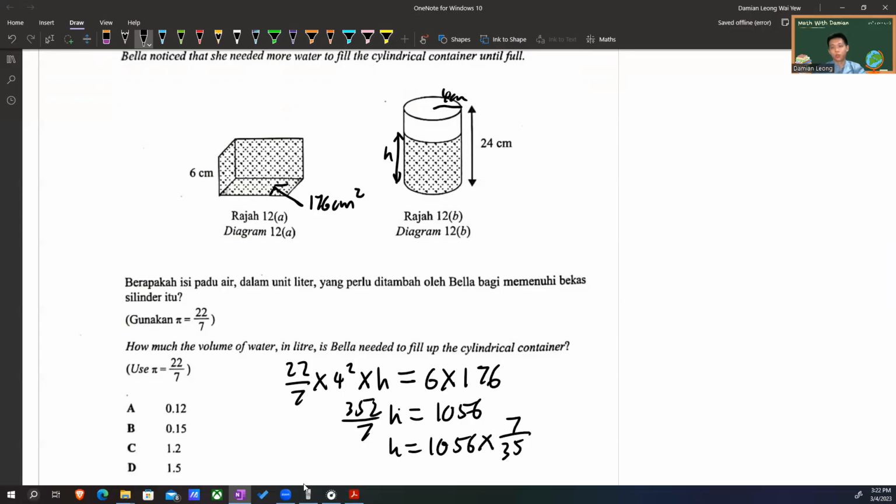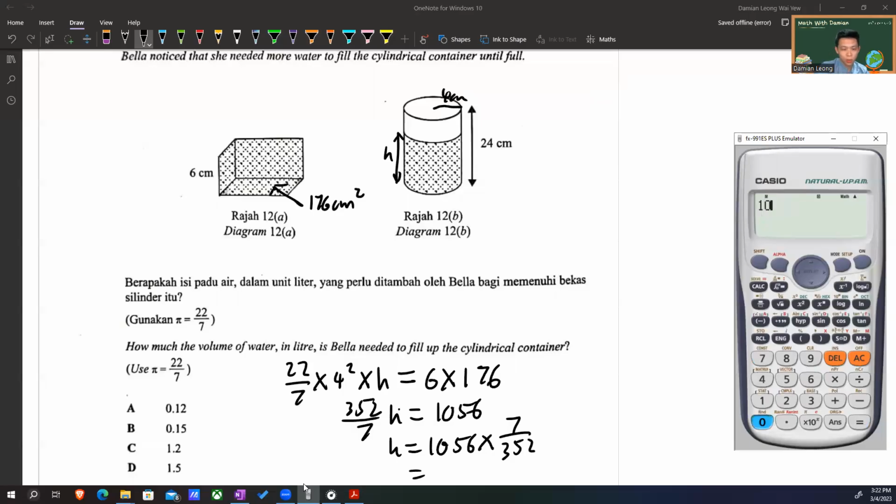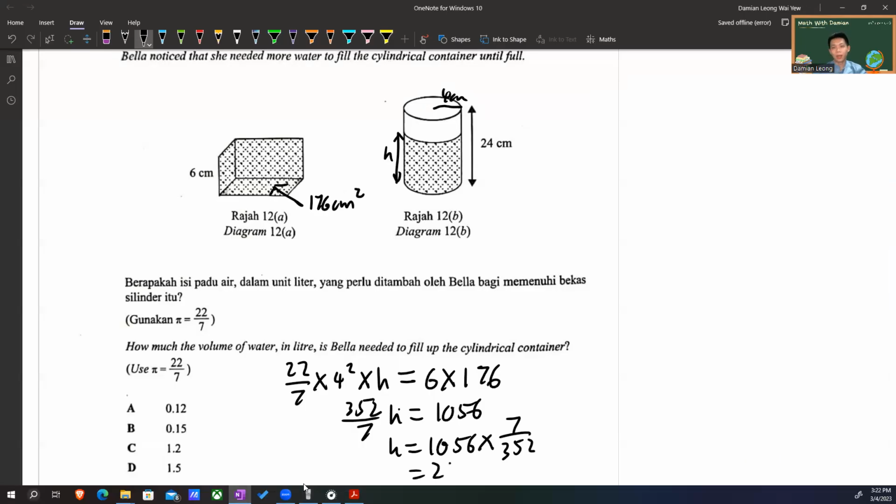So 7/352. 1056 divided by 352 is 3. Should be times 7/352. So 21. The height is 21. So here 21 means the gap here is 24 minus 21, 3 cm.